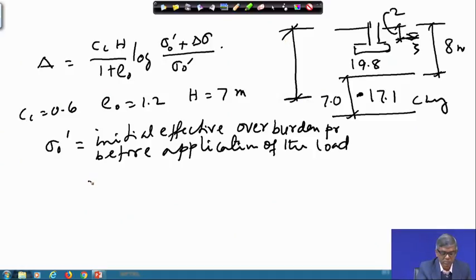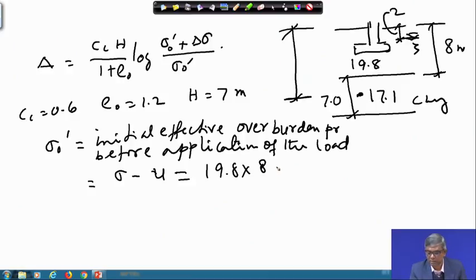If I take this, how will it be? The total stress sigma minus u will be the effective stress. Sigma will be 19.8 into 8 plus 17.1 into 3.5. This becomes the total stress, using the saturated unit weight of sand and the saturated unit weight of clay.